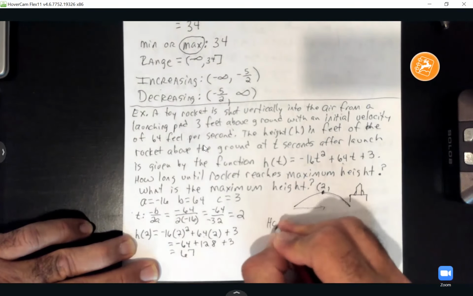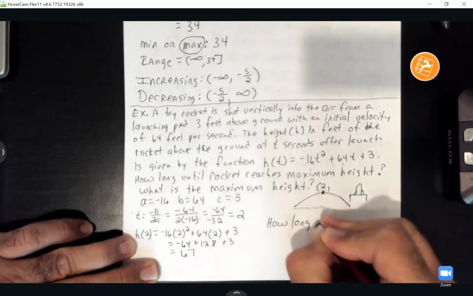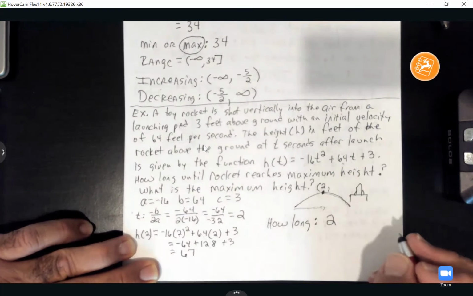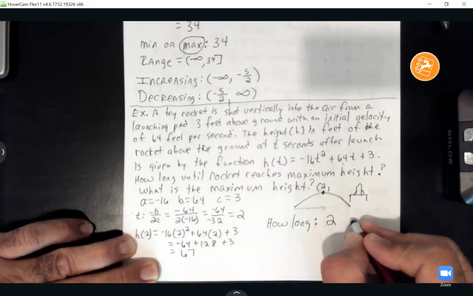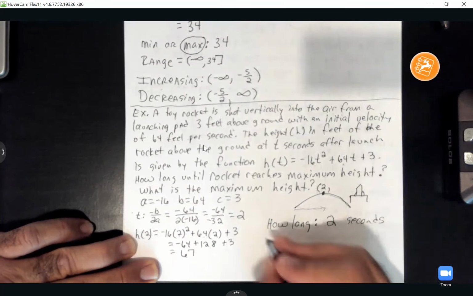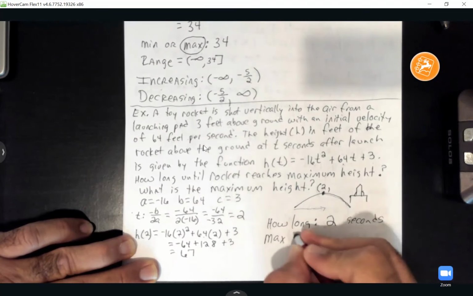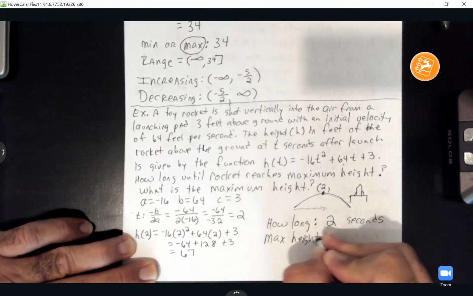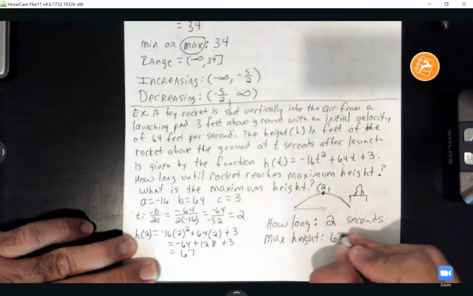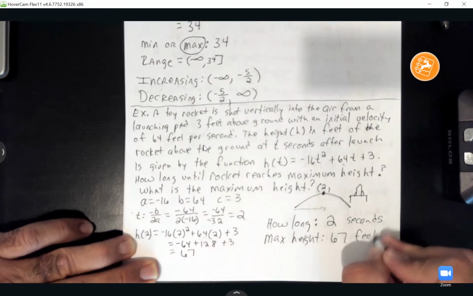So how long? Well, how long was 2 seconds? And they'll have the seconds there. So all you got to do is put in the 2. And then that maximum height, we said was 67, and then they'll have the feet there for you on that one.